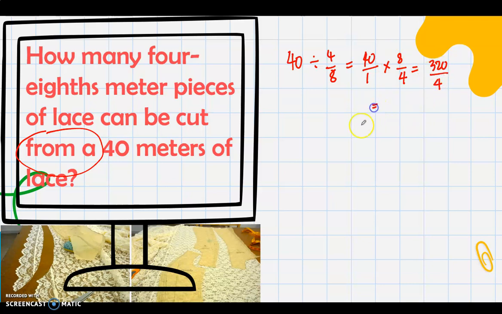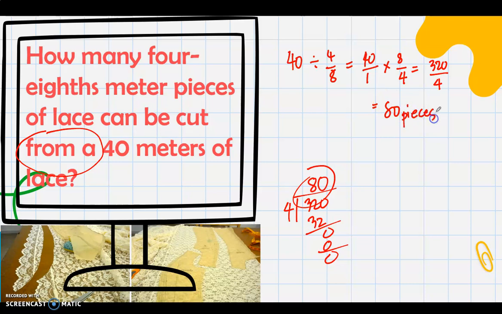This one is a big number. You divide 320 by 4, that is 80, with no remainder, so it's also a whole number. The answer is 80 pieces of 4/8 meters of lace can be cut from the 40 meters of lace.